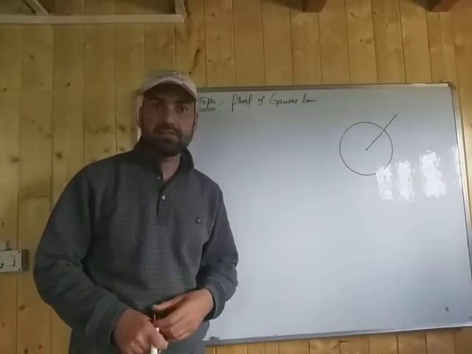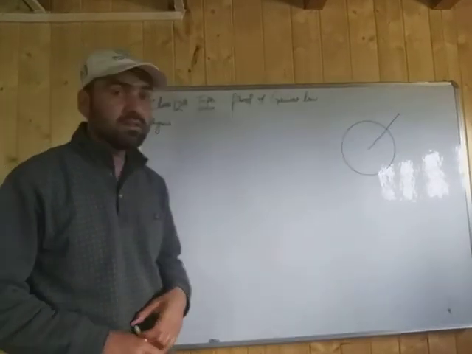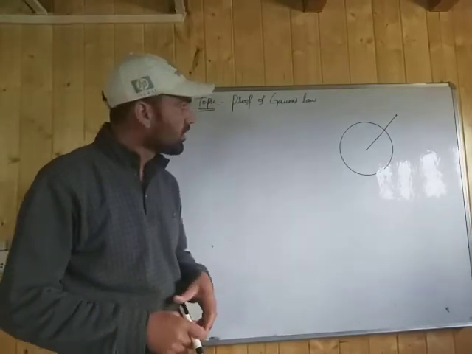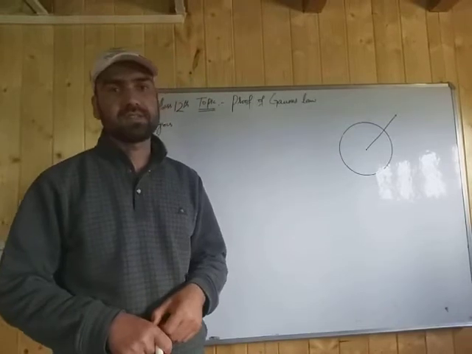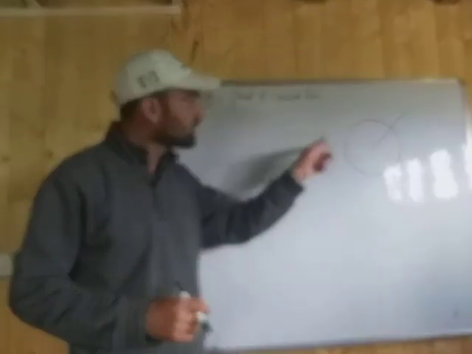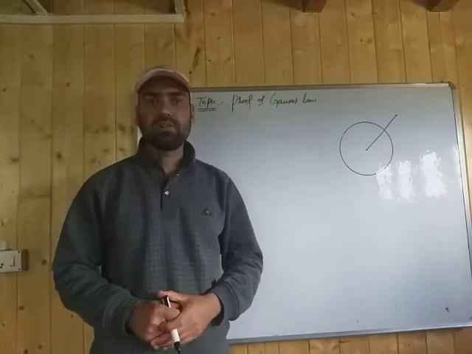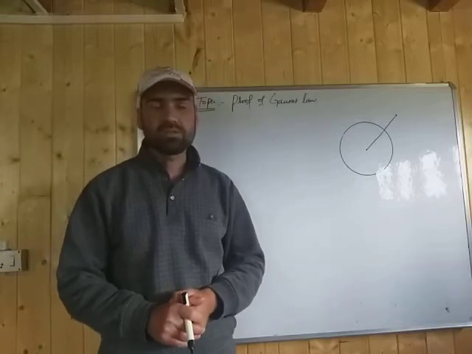In the previous lecture, we have already discussed Gauss's law. We know that Gauss's law is the relationship between the total electric flux passing through a closed surface and the net charge enclosed by the surface. It states that the total electric flux that passes through this closed surface is equal to 1 over epsilon naught times the net charge enclosed by the surface.